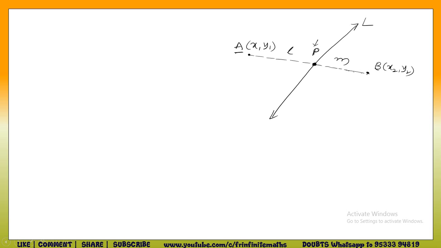So for that we have the section formula now. From that I can write P is equal to, as we already know, (mx2 plus nx1) by (m plus n), comma (my2 plus ny1) by (m plus n). Using that formula, I can write it as (L into x2 plus m into x1) divided by (L plus m), comma (Ly2 plus my1) by (L plus m).